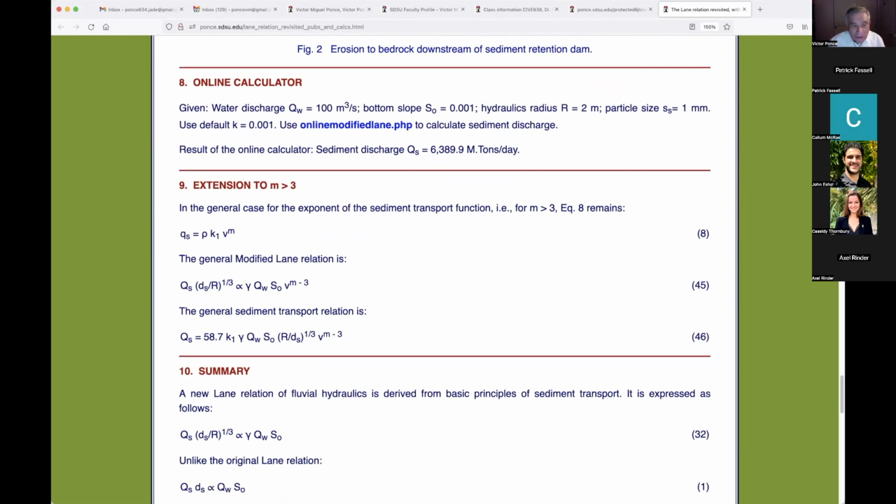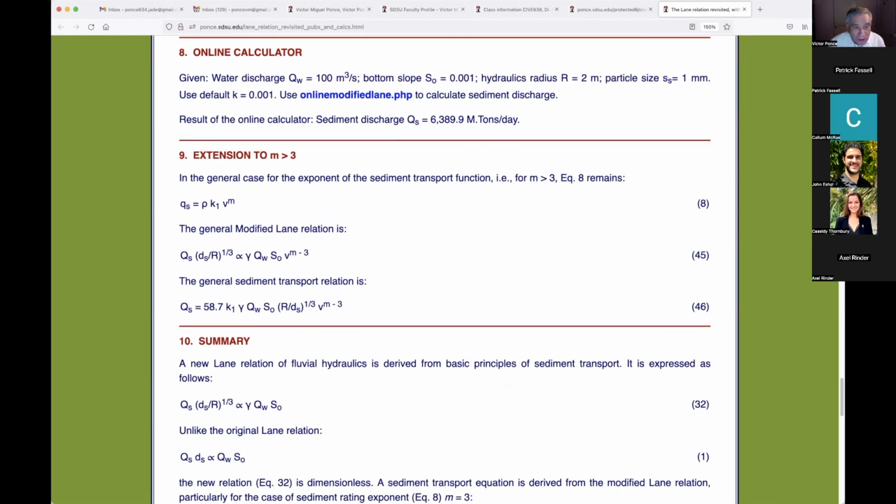Okay, so far so good as far as making comments about things that don't relate specifically to sedimentation. The extension to m greater than 3. I had already told you that m equals 3 is the low value for Kolbe's method. It goes from 3 to 7. Since the sediment rating curve plots as an exponential curve, m equals 3 would be high intercept and low exponent.